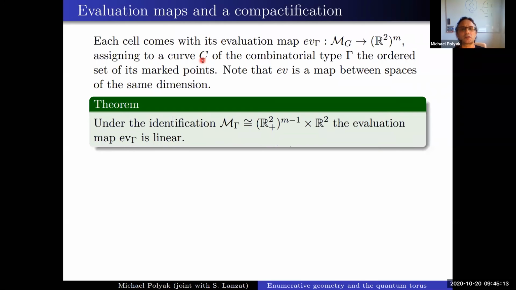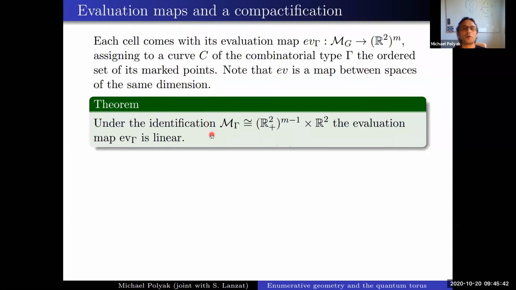So you just forget the curve itself and keep only the set of the marked points. Marked points were ordered, so this is a mapping into (R^2)^n, an honest Euclidean space. A nice feature here is that this evaluation map is a map between spaces of the same dimension.